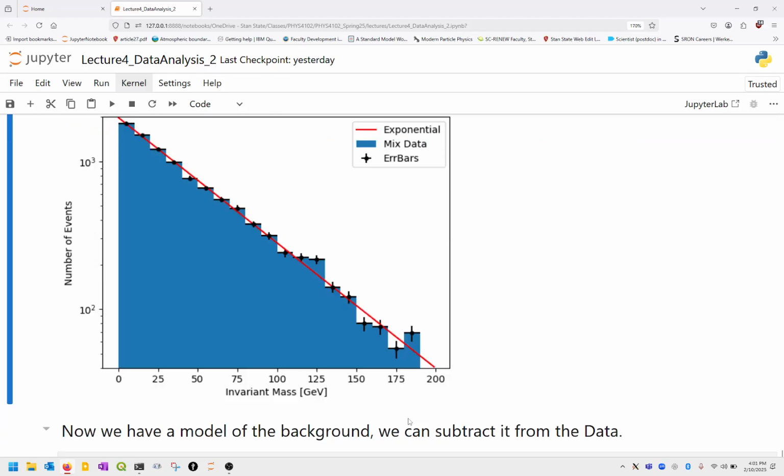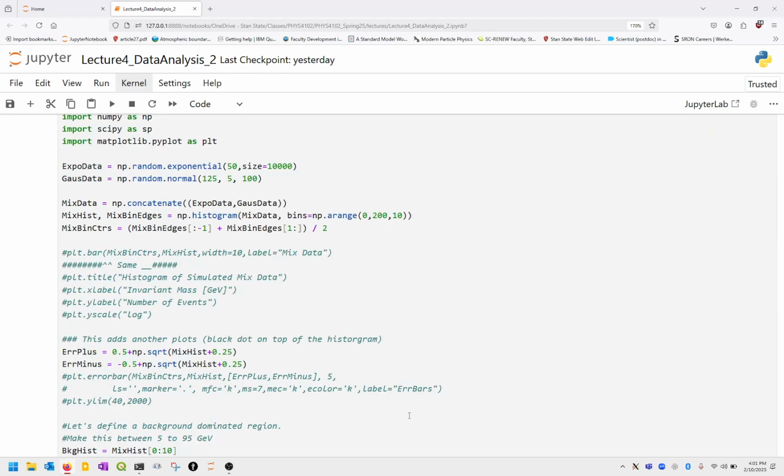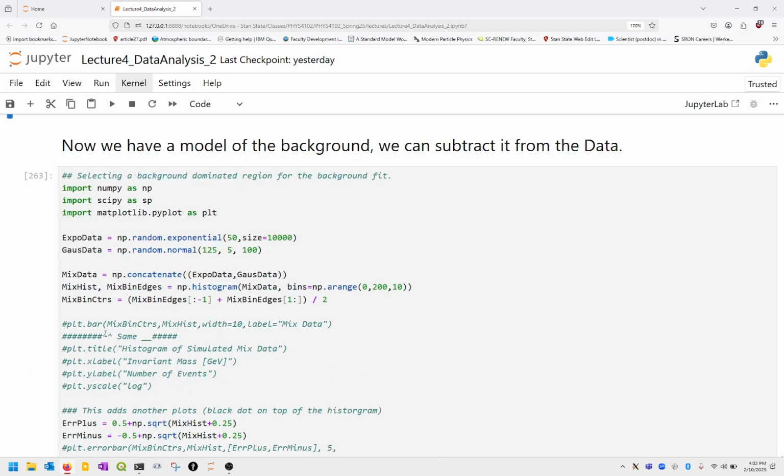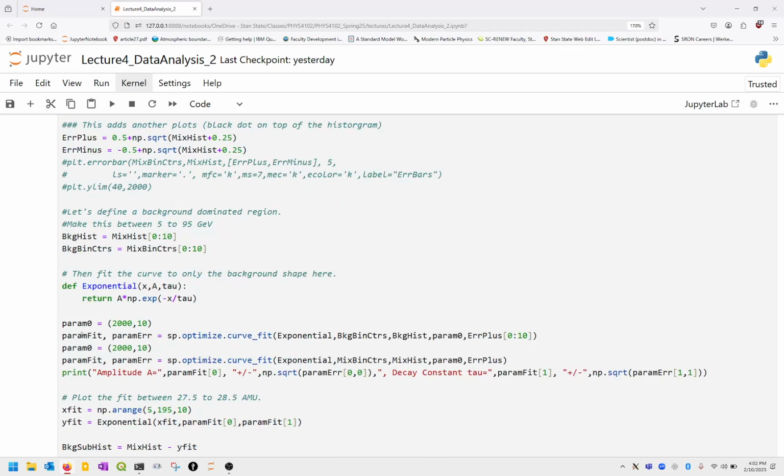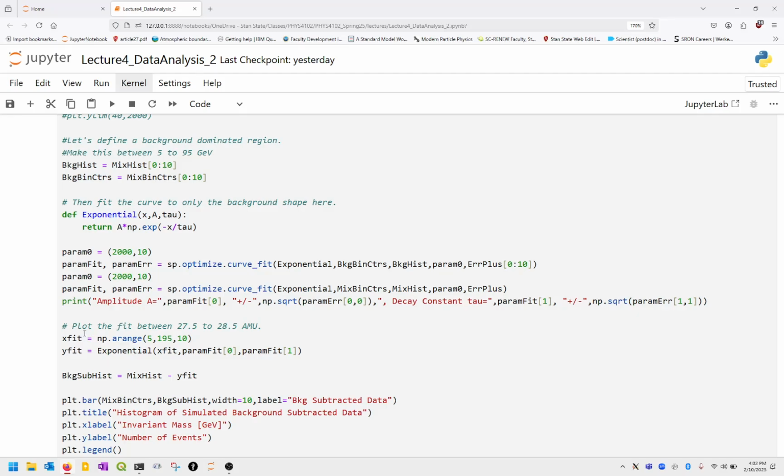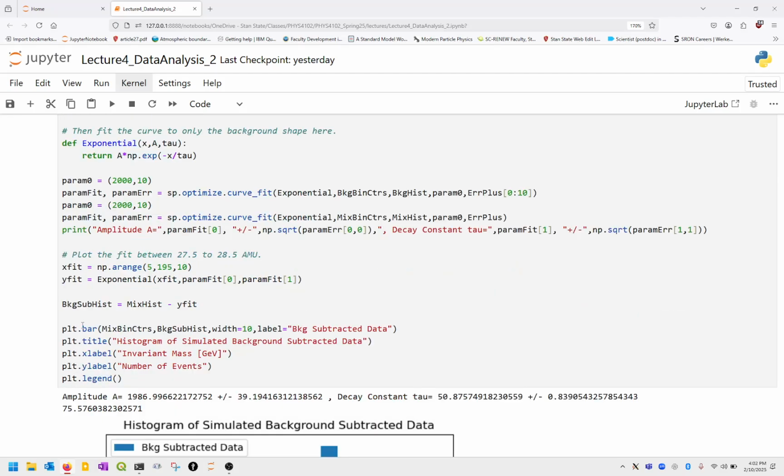So how do we do that? What you do is you basically not plot a lot of the stuff, and when you make the fit, you have this X fit, Y fit stuff. And what you can do is just take your histogram and subtract it.